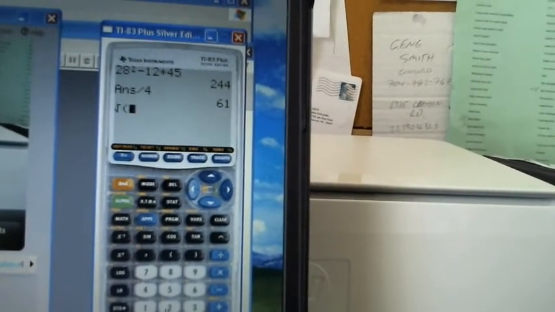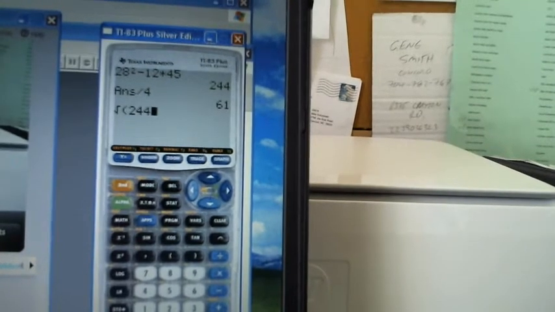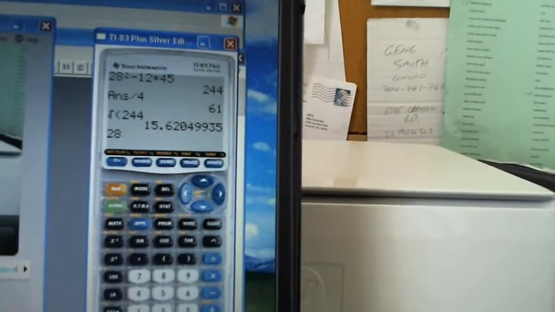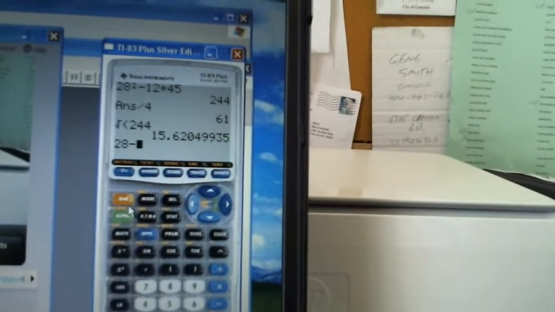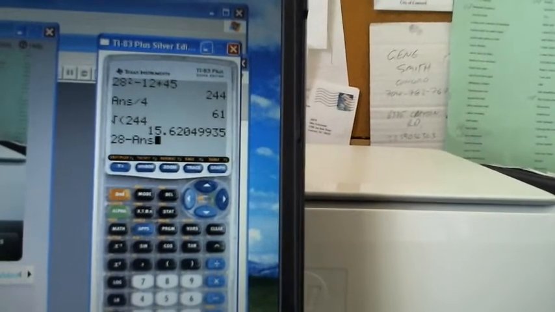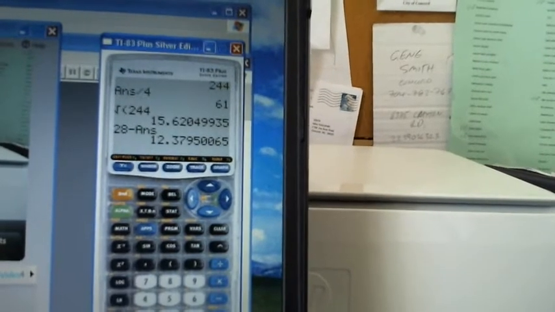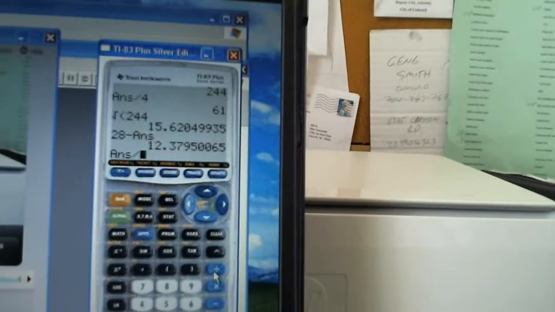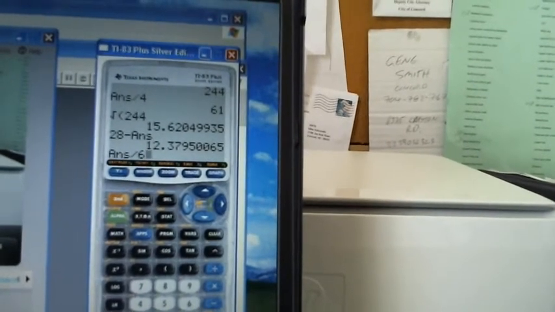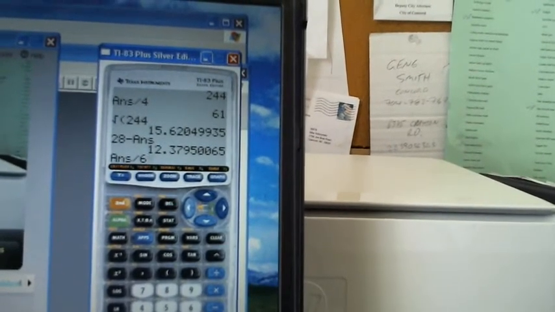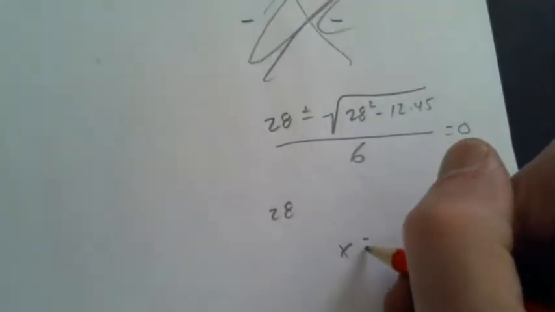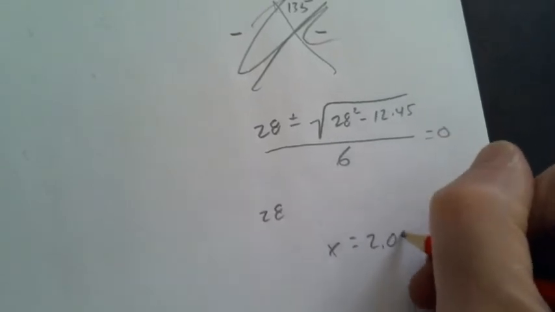Square root of 244, about 15. So 28 minus that, and then divide everything by 6. X equals 2.063.